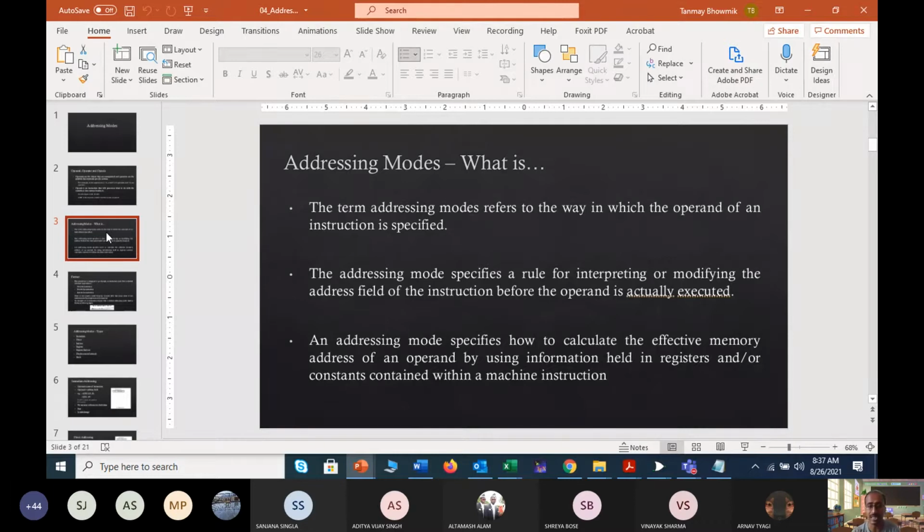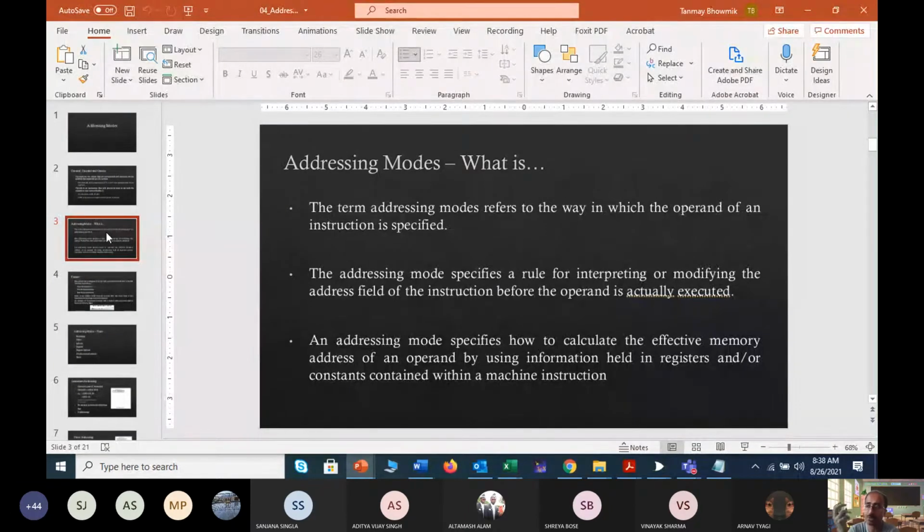The other point is that an addressing mode specifies the rule of interpreting or modifying the address field of the instruction before the operand is actually executed. Yesterday we gave an example of a two-address instruction, or a one-address instruction. In a one-address instruction, the accumulator was fetching data from the address, doing some operation, and then storing the result into another location, or maybe into the same location.